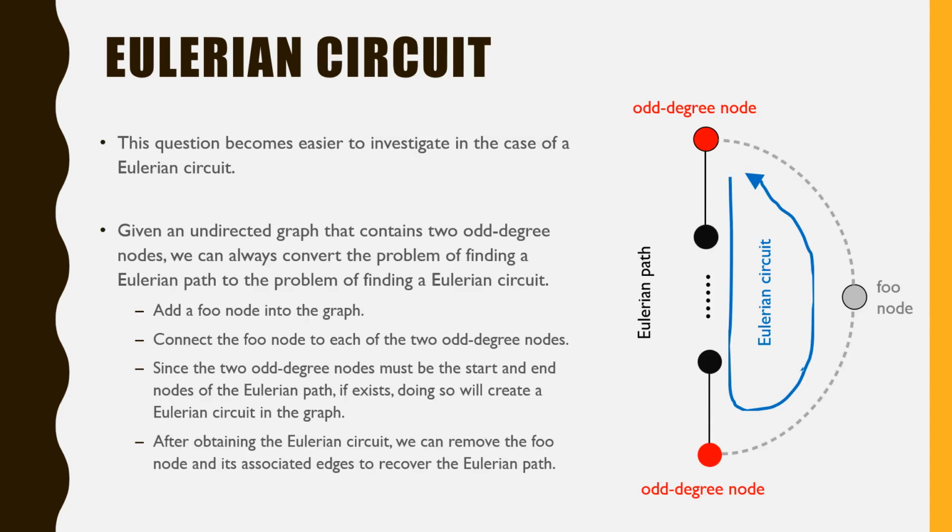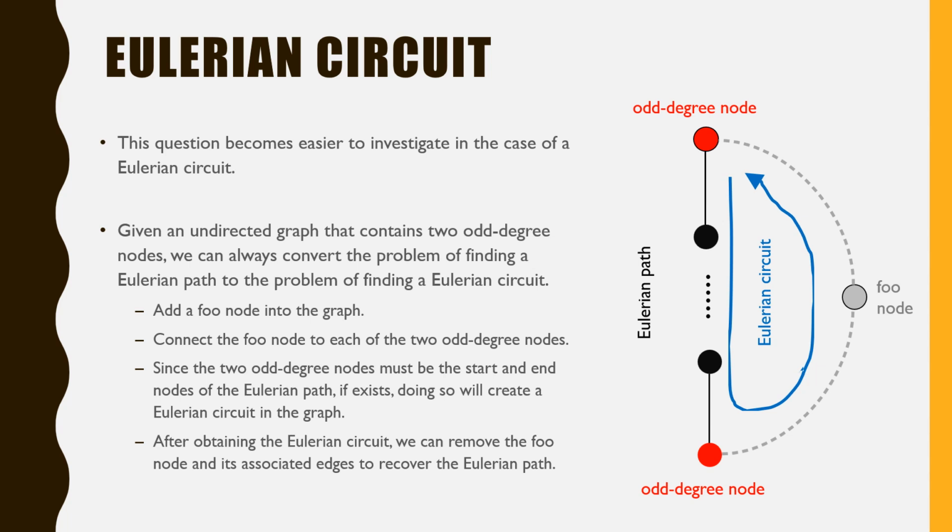Before we tackle how to find a Eulerian path, let's first reduce the problem to a simpler one, the Eulerian circuit problem. We will show that if we can solve the Eulerian circuit problem, we can easily solve the Eulerian path problem as well.